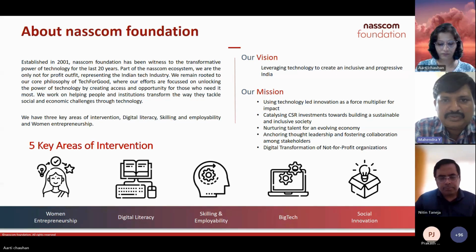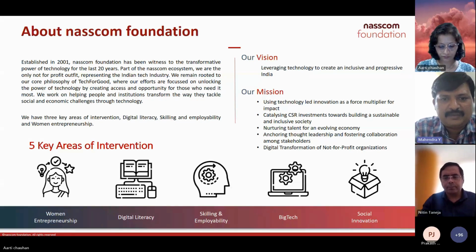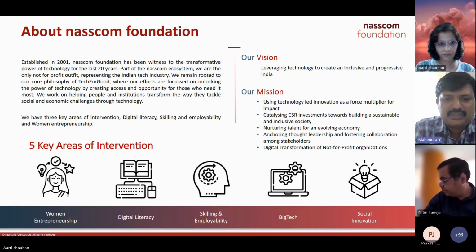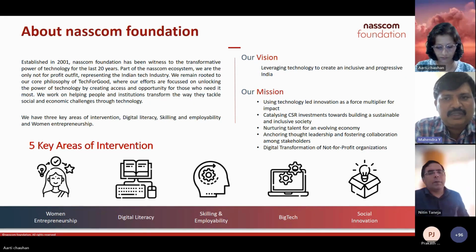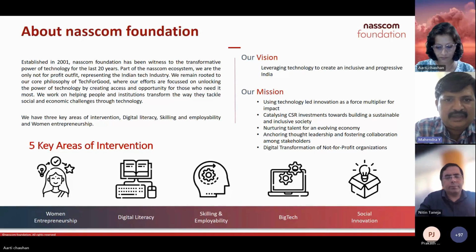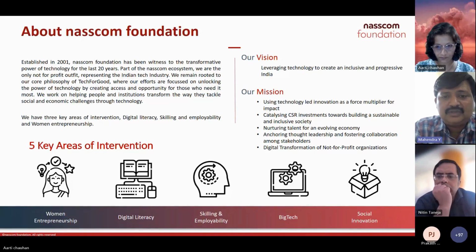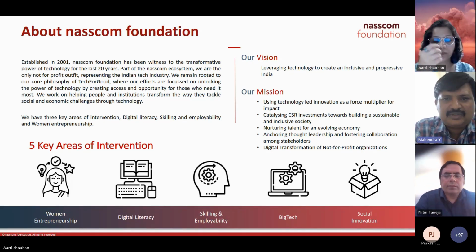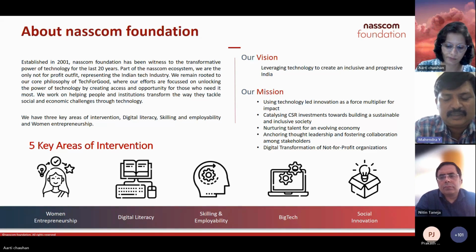Apart from that, we also work on the software donation program. We also work on social innovation, which is primarily working with students and startups on initiatives in climate tech and anything related to technology aspects, and they work a lot with the startups.